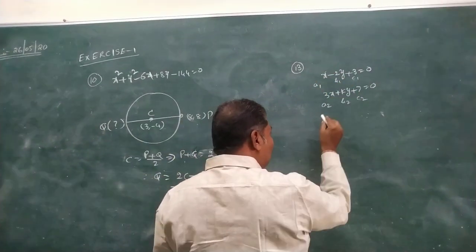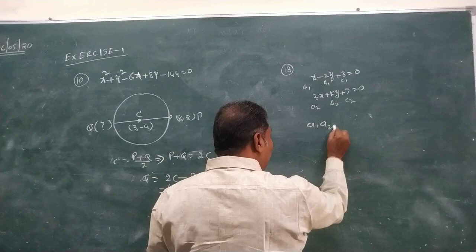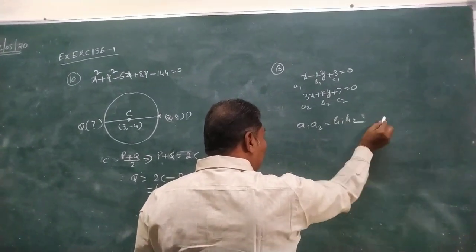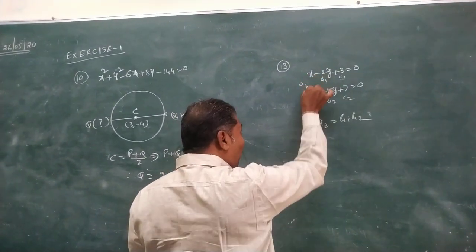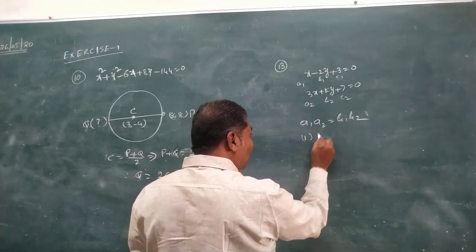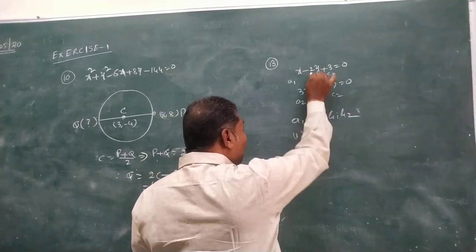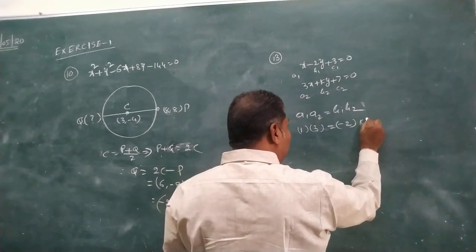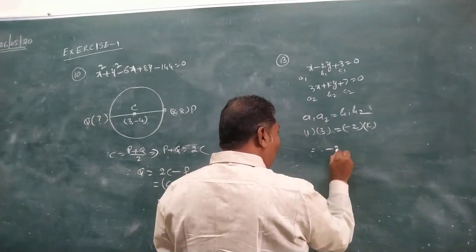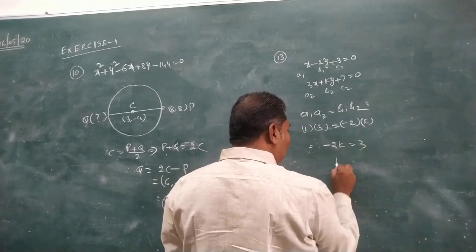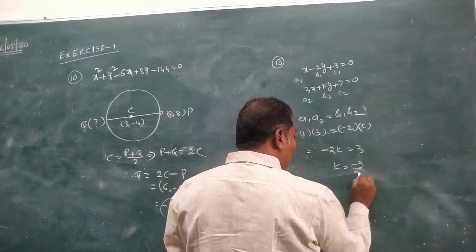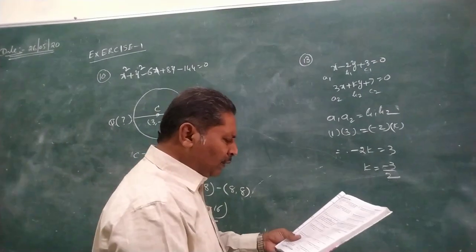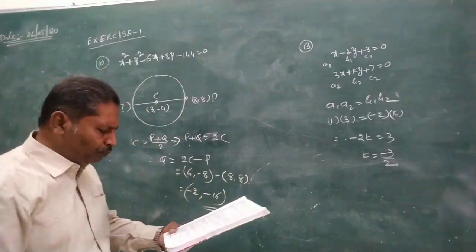Concyclic points, so A1 A2 equals B1 B2. A1 A2 value is 1 into 3. B1 B2 value is minus 2 into k. Therefore, minus 2k equals 3. K value is minus 3 by 2.